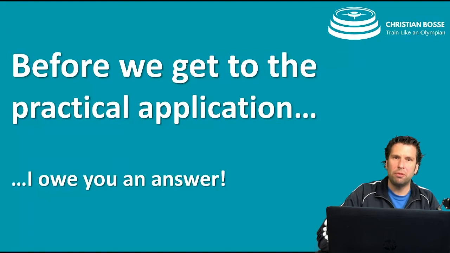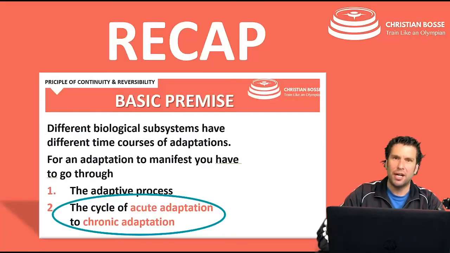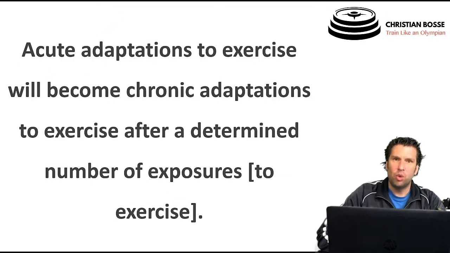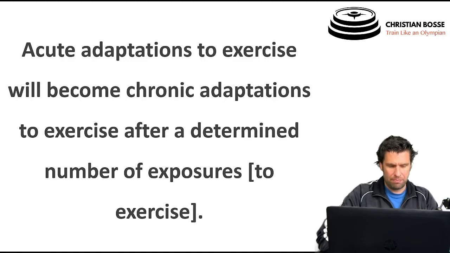And before we get to the practical application, I still owe you one answer. What is the cycle of acute adaptations to chronic adaptations? In very simple words, an acute adaptation to exercise will become a chronic adaptation to exercise after a certain number of exposures. For example, Bondarchuk has taken up that concept in his training model, that you need to have a certain number of exposures to a training stimulus before that training stimulus manifests, and then you can go on into the next phase, how he does it.